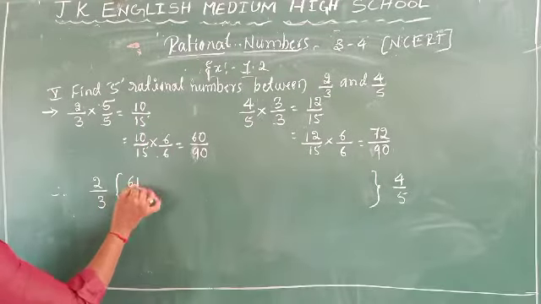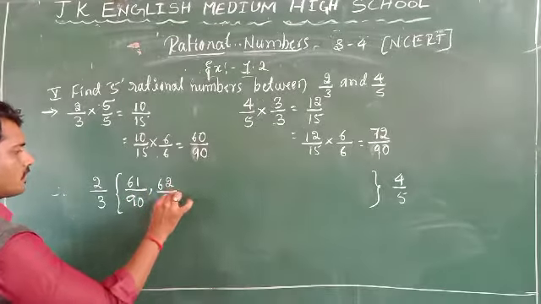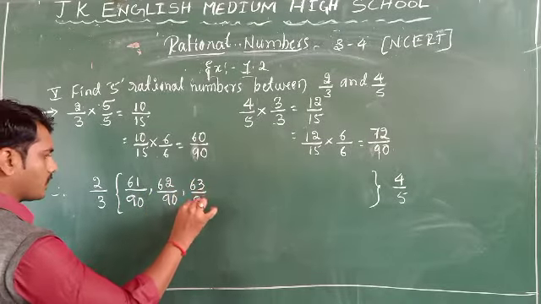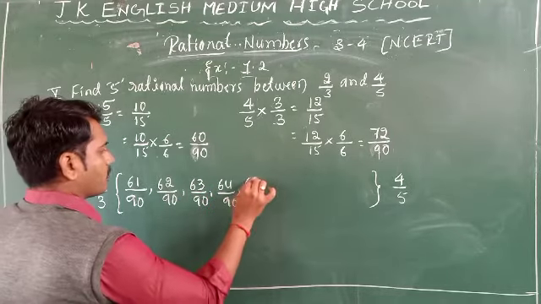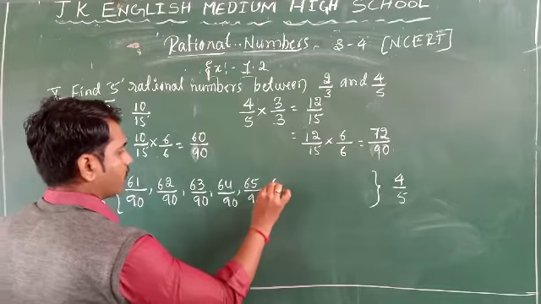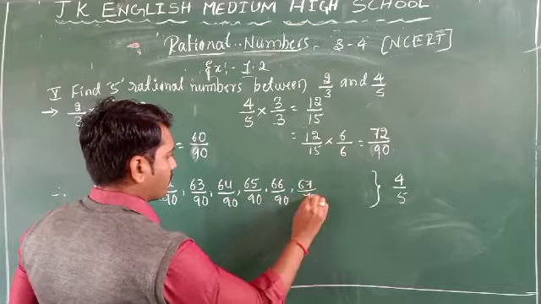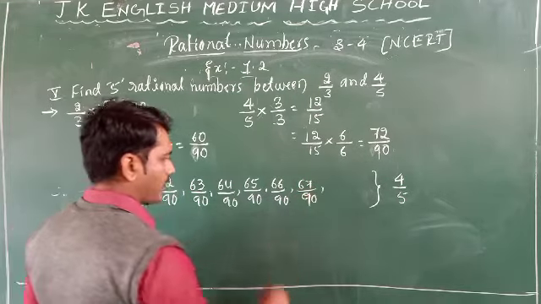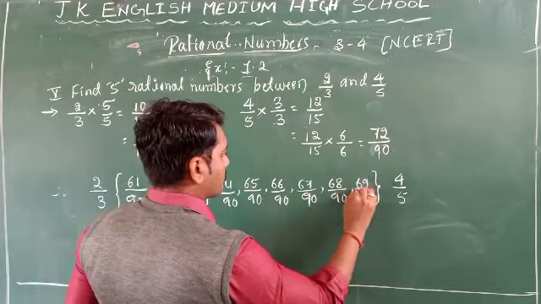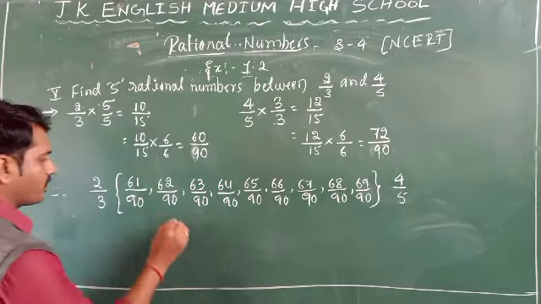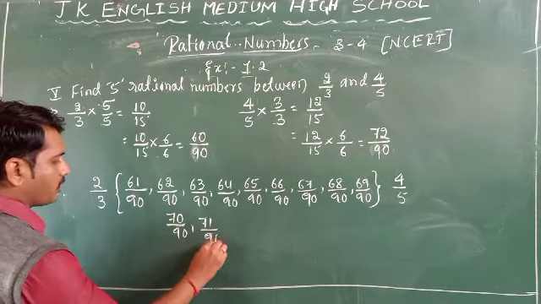How will we write? 61 upon 90, 62 upon 90, 63 upon 90, 64 upon 90, 65 upon 90, 66 upon 90, 67 upon 90, 68 upon 90, 69 upon 90, 70 upon 90, 71 upon 90.